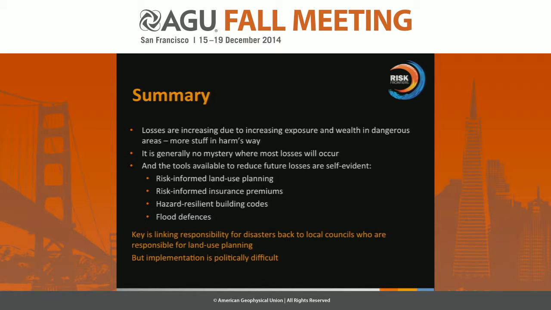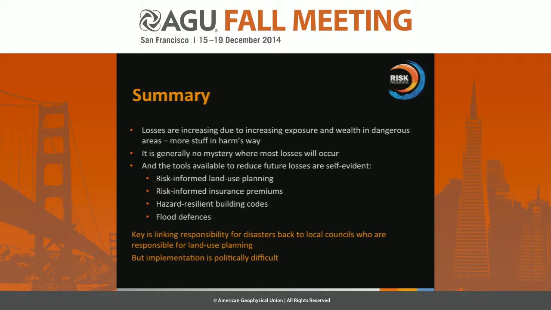So in summary, the losses are increasing due to increasing exposure and wealth, basically more stuff in harm's way. It's going to be a long time before we can pick out a climate change signal in these time series of losses, so I think we should focus on the immediate problem. There really isn't any mystery for where these losses will occur.